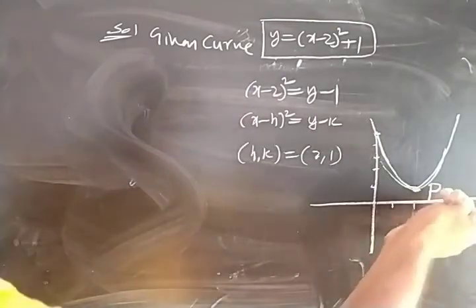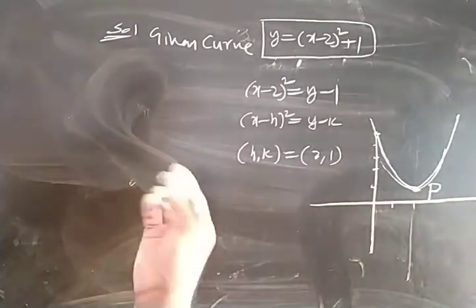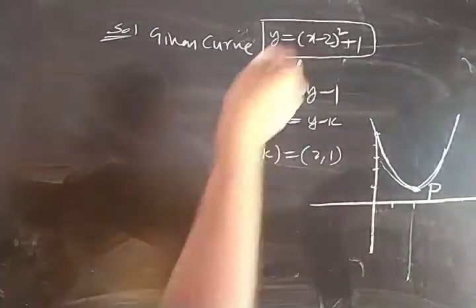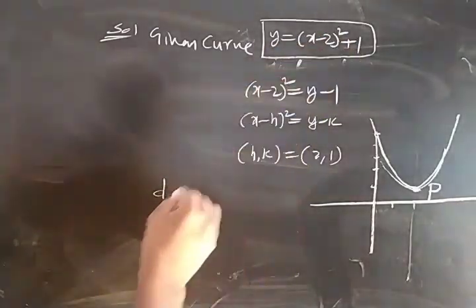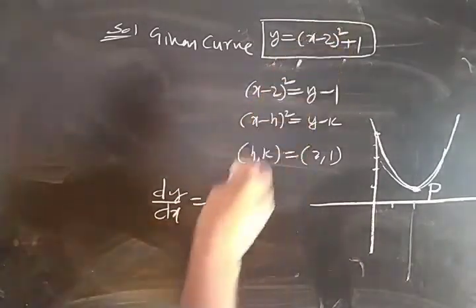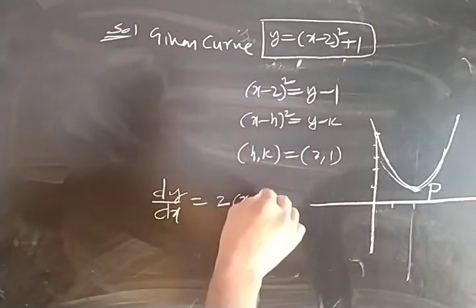Now to get the minimum point, I am using the first derivative test and second derivative test. First of all, for this curve, I am differentiating dy by dx. So what is dy by dx? You will get 2 into x minus 2.